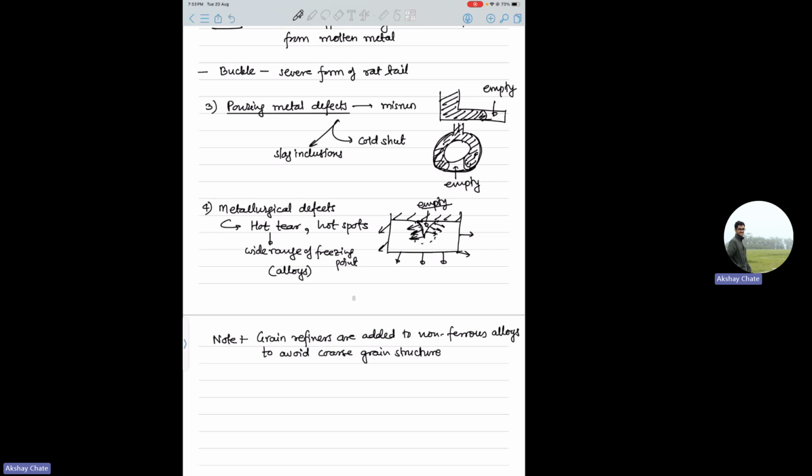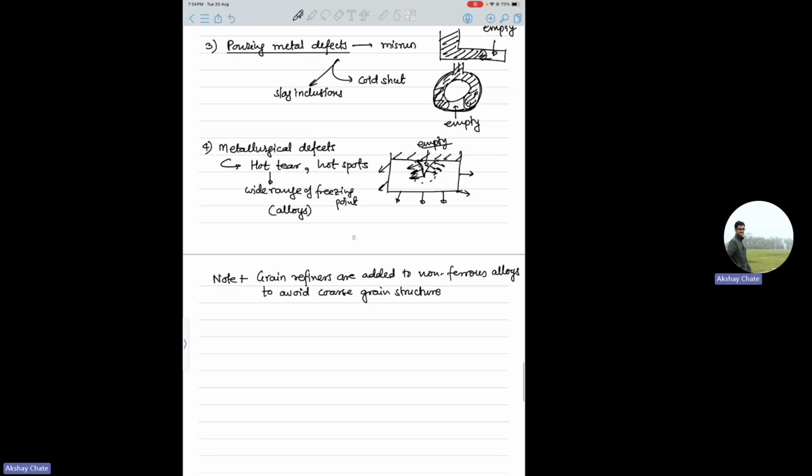The reason why you don't want coarse grains is because coarse grained alloys typically have less strength than the finer grained ones.